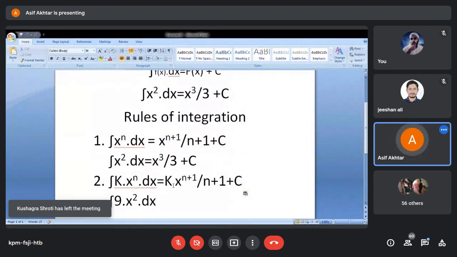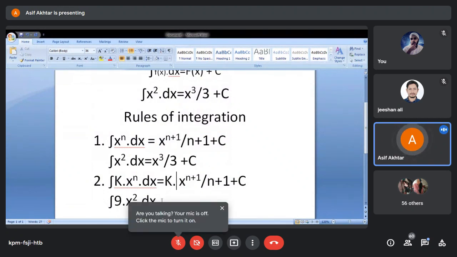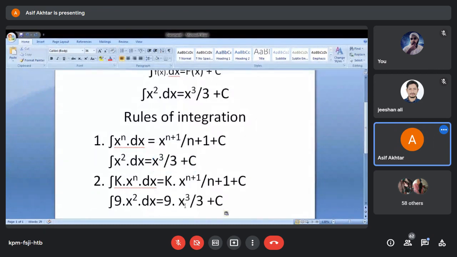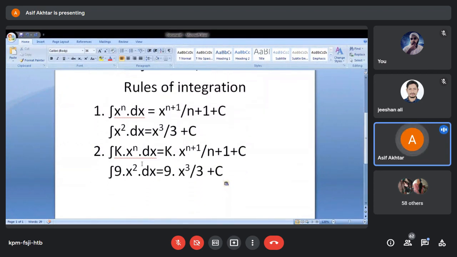So k will remain as it is, and k will be multiplied to this x^(n+1) term. In the example, 9 will remain as it is, and the remaining portion will be added. So rule number 1 is if as exponential function we have x raised to the power n. Rule number 2 is if we have a constant multiplied with the exponential one, we have this formula, right?